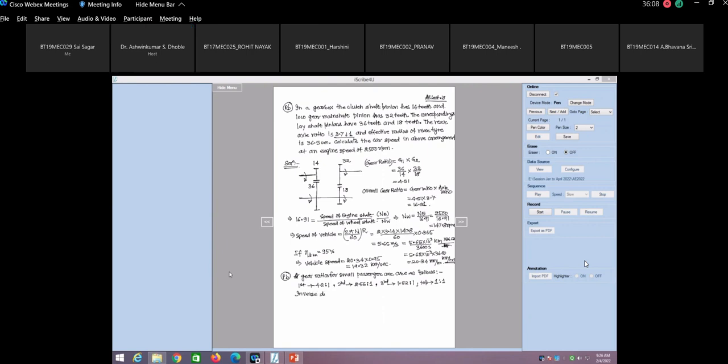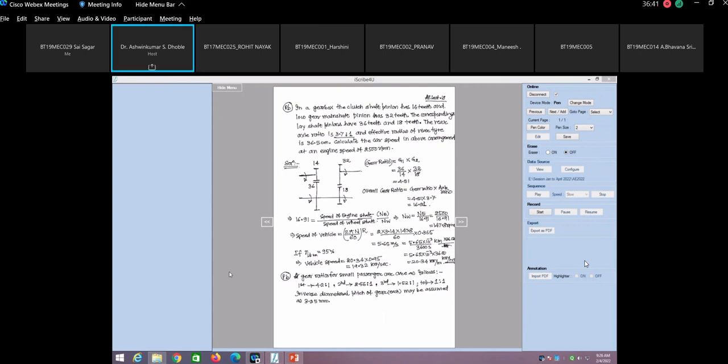Okay. Inverse diametral pitch of each gear may be assumed as 3.25 millimeter.